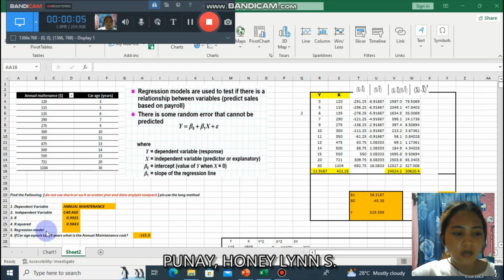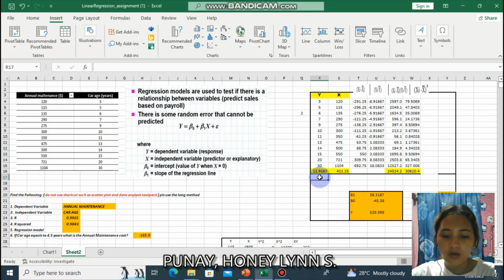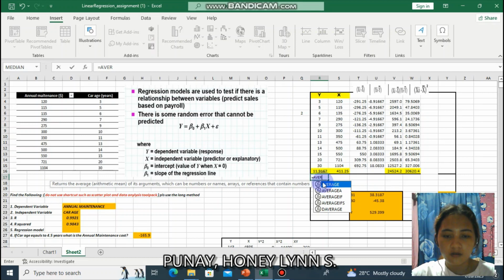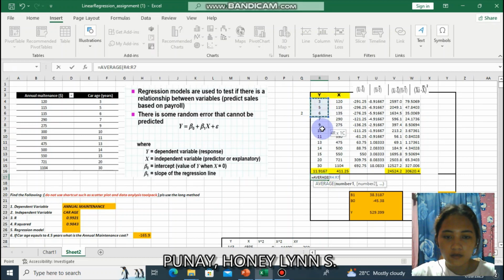To answer this question number 5, we must first answer the following data. y represents the car age and x represents the annual maintenance. To get this value, 11.9167, I just use the formula equals average, then the given data of x, then enter.